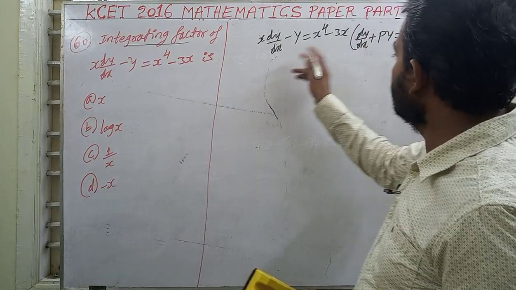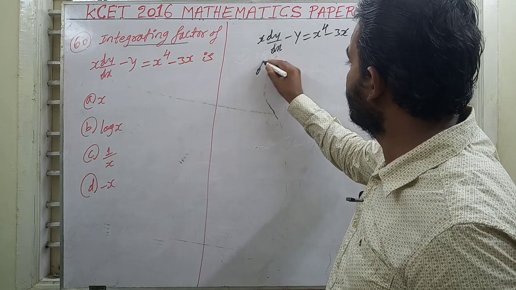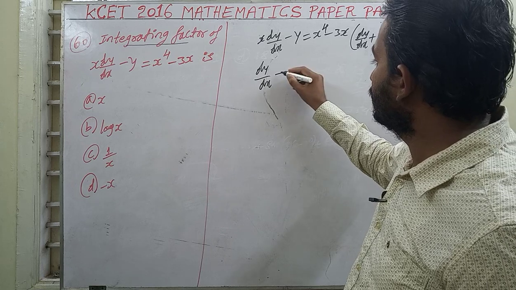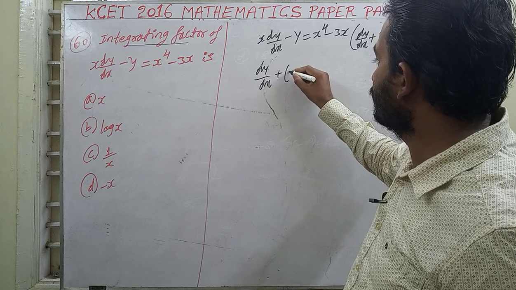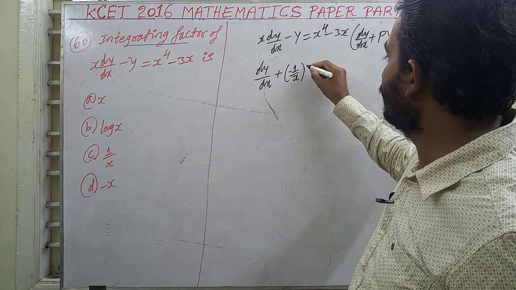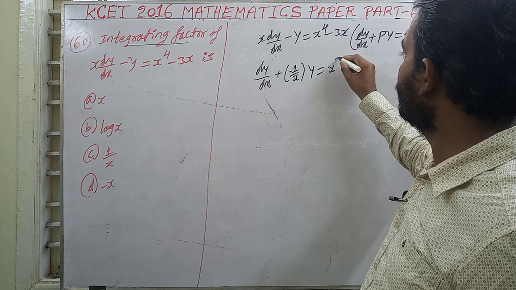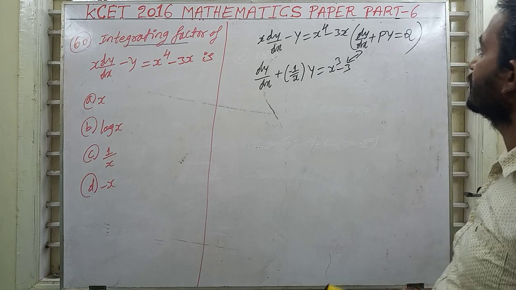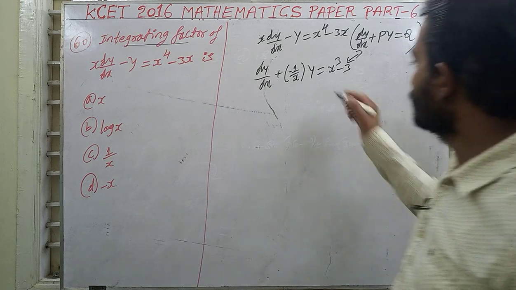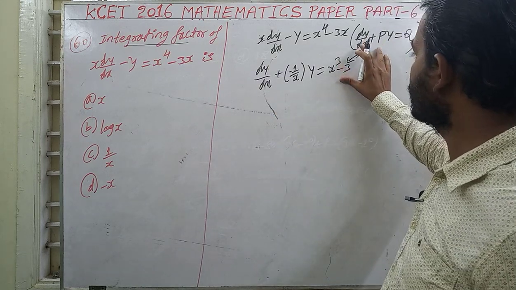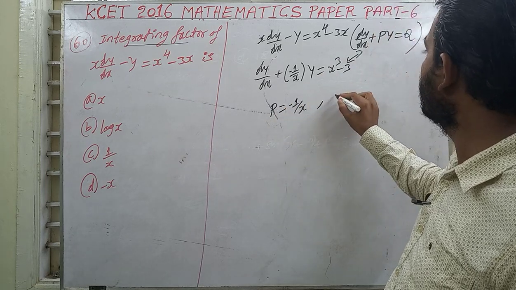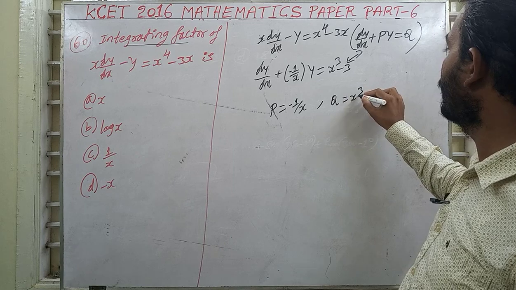Now dividing by x on both sides, it becomes dy by dx plus minus 1 by x into y is equal to x to the power of 3 minus 3. So now it is in the form dy by dx plus py is equal to q. When we compare these two equations, p is equal to minus 1 by x, q is equal to x cube minus 3.